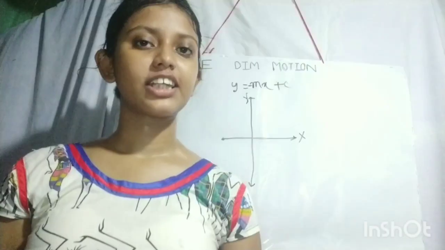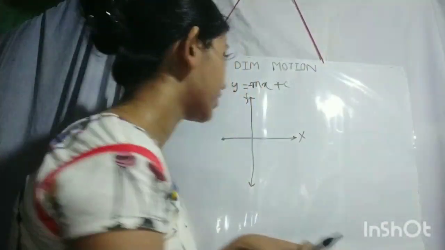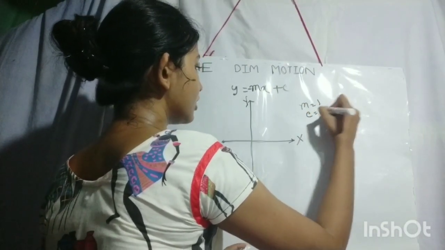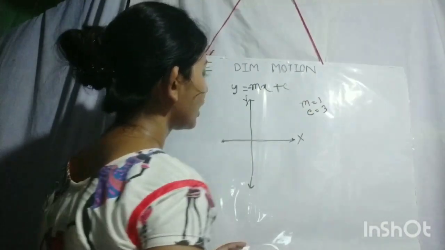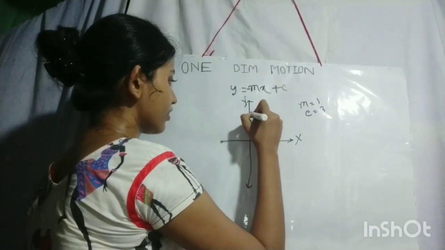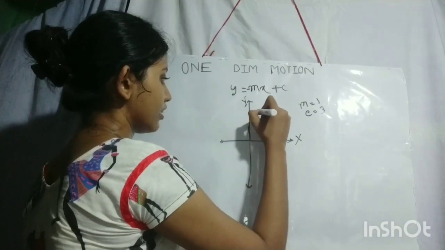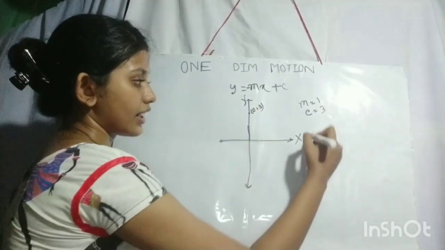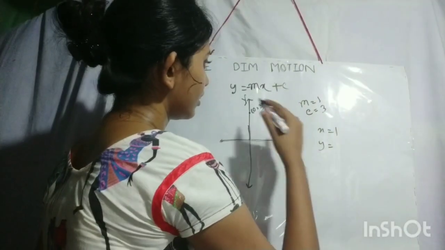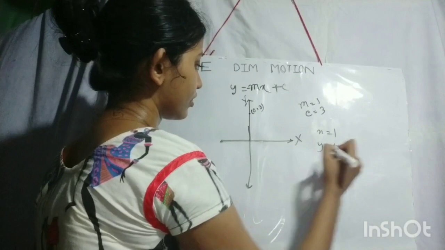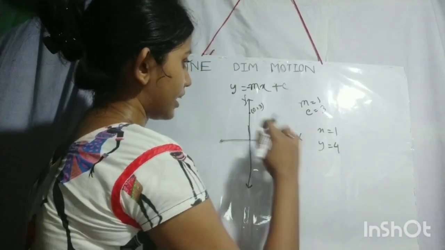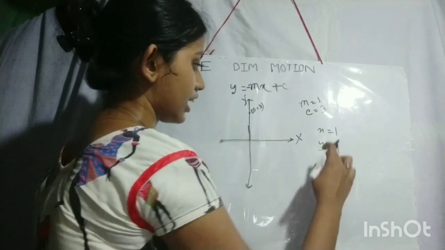Okay. The third straight line, let m equals 1 and c equals 3. Okay. So at x equals 0, y equals 3. Right here, 0, 3. At x equals 1, y equals 3 minus 1, that is 2.